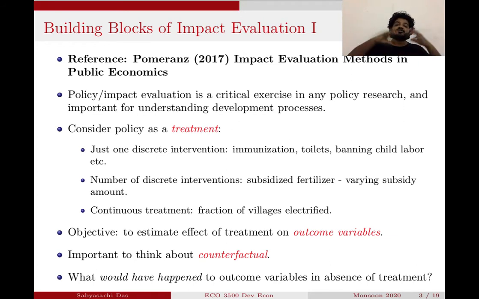The literature on impact evaluation evaluates the impact of various kinds of policy interventions. They are trying to evaluate whether the policy has been effective in reaching the desired goal or not. The reference for it is the very nice summary paper by Dina Pomeranz in 2017. I really urge you to read that paper.